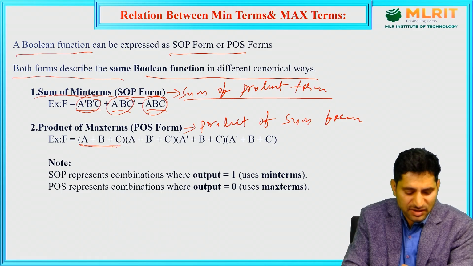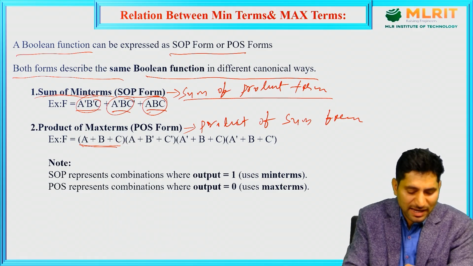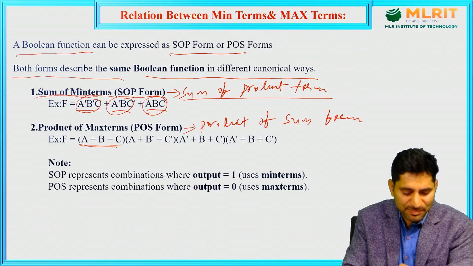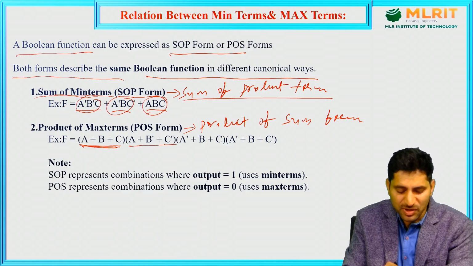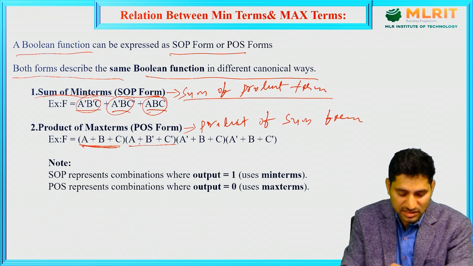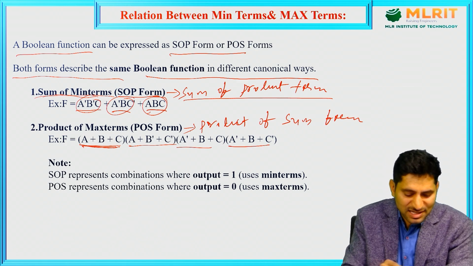Max term means we'll take variables which are used by the OR gate. So A plus B plus C is one of the max terms, or what I mean to say, sum terms. And A plus B bar plus C bar is also a sum term. This is also a sum term, this is also a sum term.